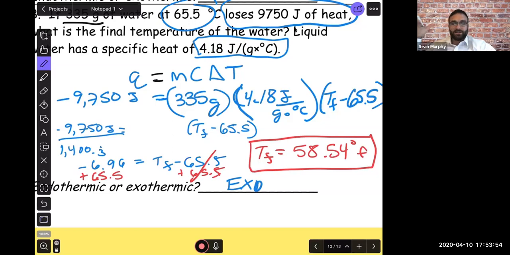It started with a high temperature and then it lost heat. So therefore the temperature dropped. You measure the temperature later, temperature dropped from 65.5 to 58.54. Hopefully this makes sense. We'll be doing more problems shortly. Cheers, everybody. Bye.